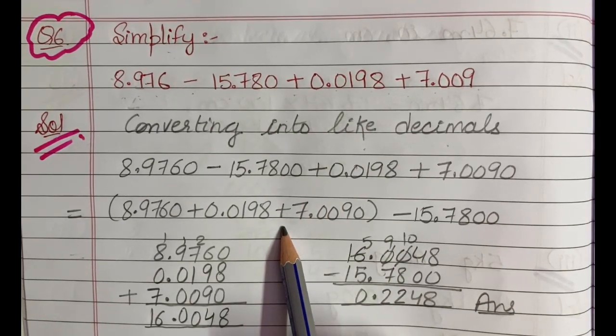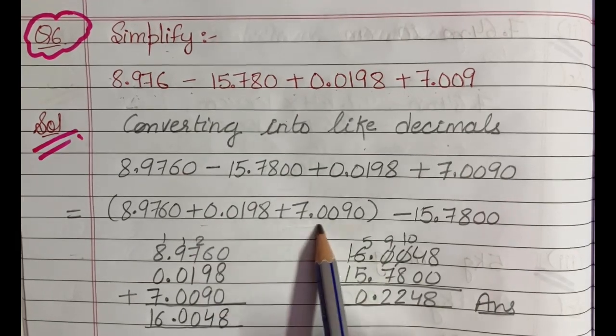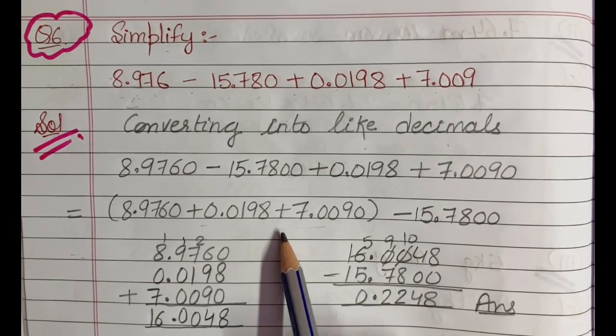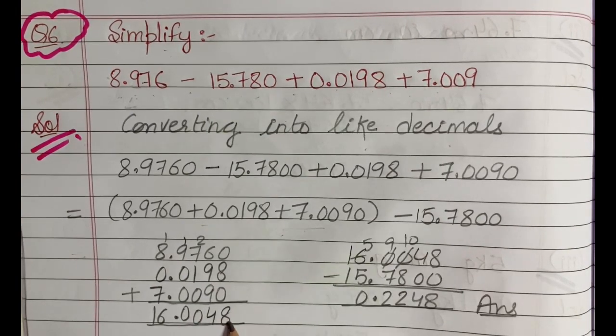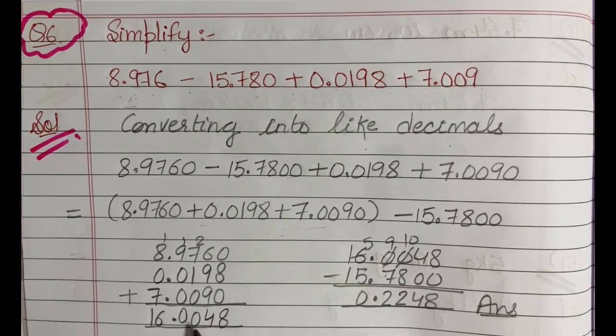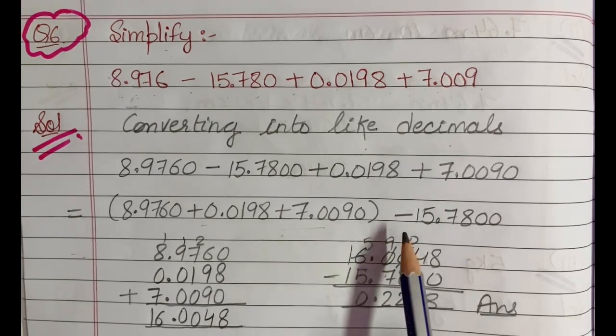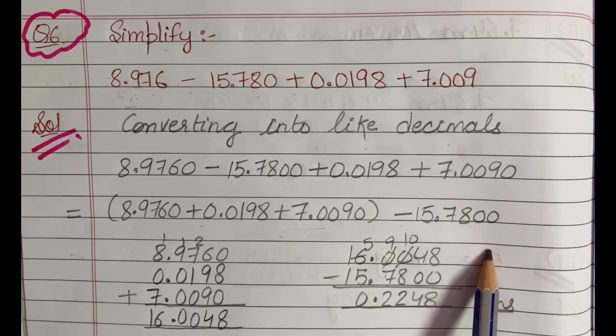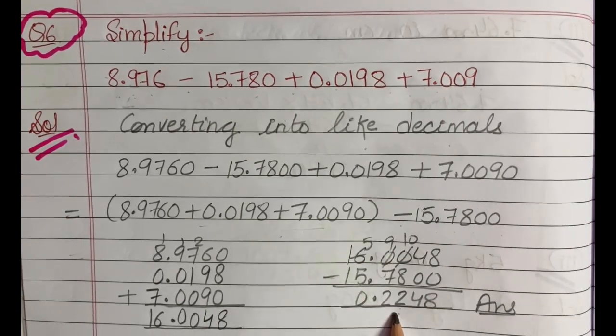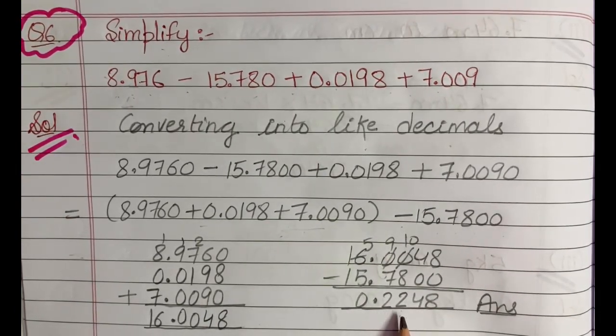Now after this we will solve this bracket, and on solving this bracket we will get 16.0048. Now from this 16.0048 we will subtract 15.7800, and on subtracting we will get 0.2248 as the answer. Hopefully it is clear to you.